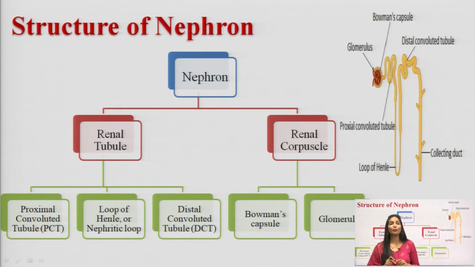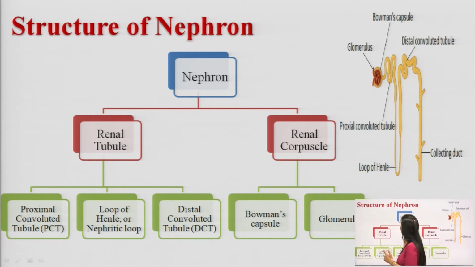Okay. And if I am talking about the structure, it has been divided into two parts. So, dear students, do not get confused here. Besides cortex and medulla, you can divide the nephron structure into two: one is the renal tubule and the other is the renal corpuscle.